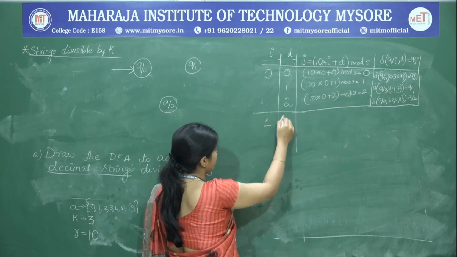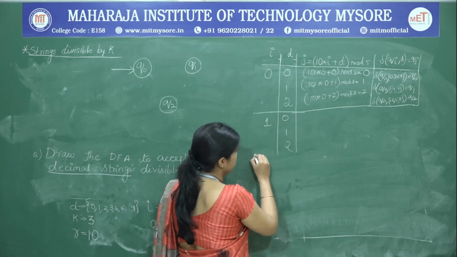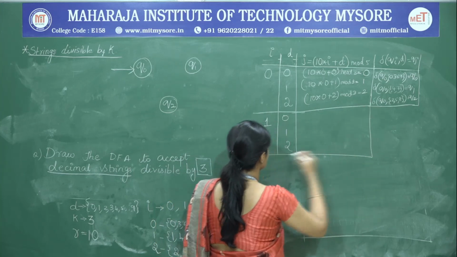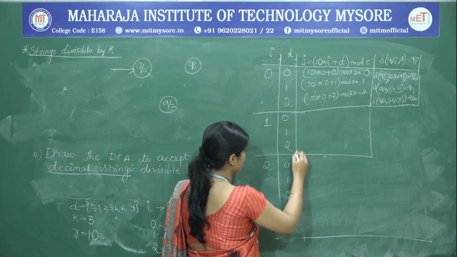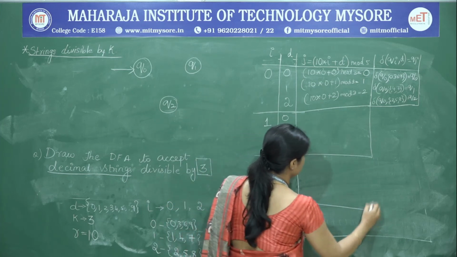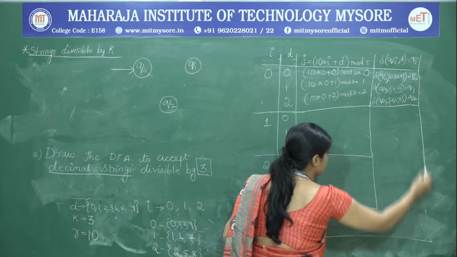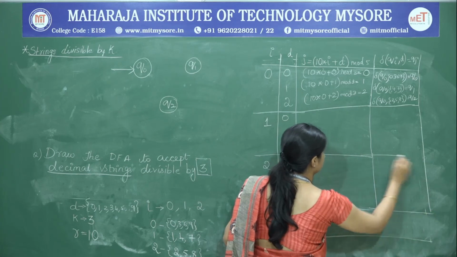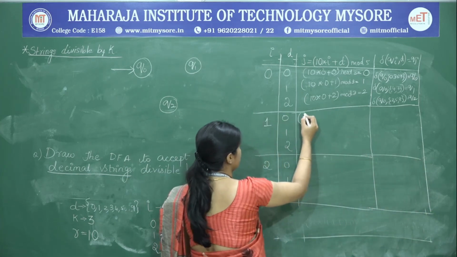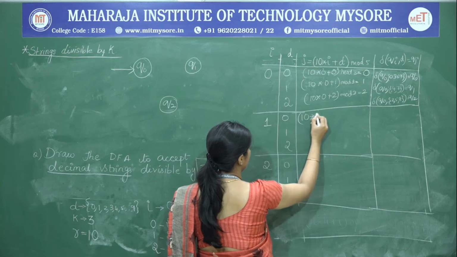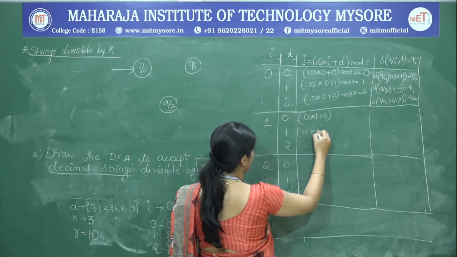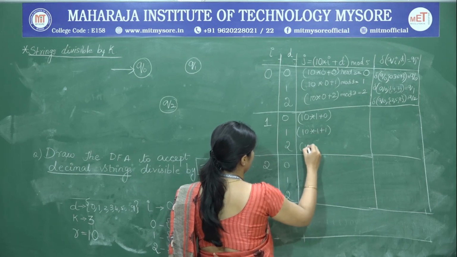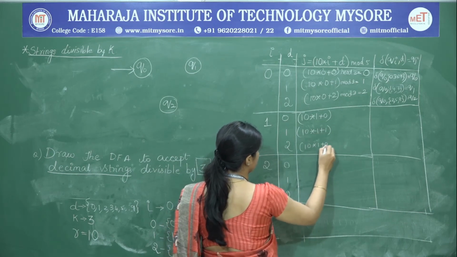From q1 we have again 0, 1 and 2. From q2 again we have 0, 1 and 2. Next this is 10 multiplied by 1 plus 0. This is 10 multiplied by 1 plus 1, 10 multiplied by 1 plus 2.